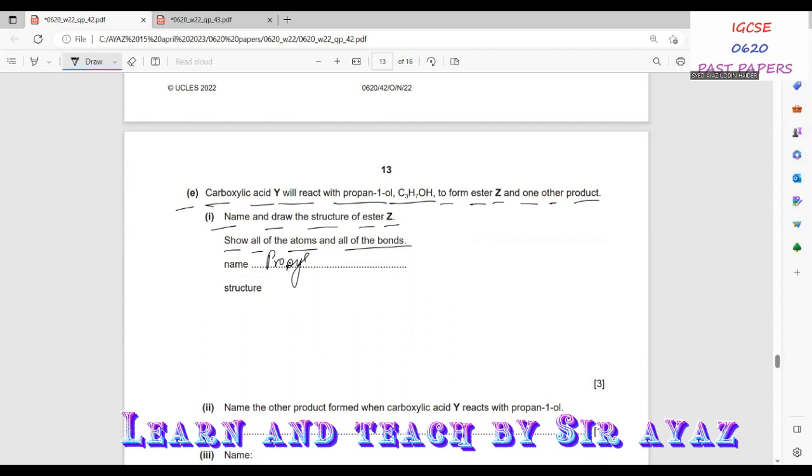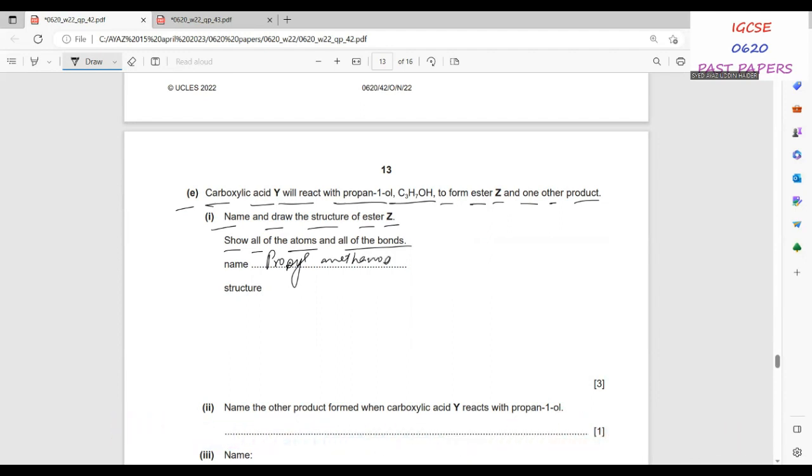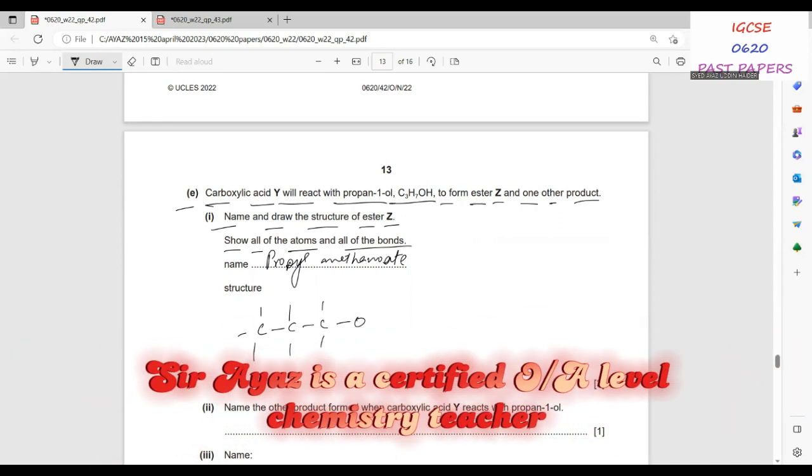The carboxylic acid is methanoic acid, so you'll have propyl methanoate. For propyl, I'm showing 3 carbon atoms, 1, 2, 3, and now it's attached through the oxygen atom to the carboxyl group of methanoate. Now I'm showing all the hydrogen atoms.